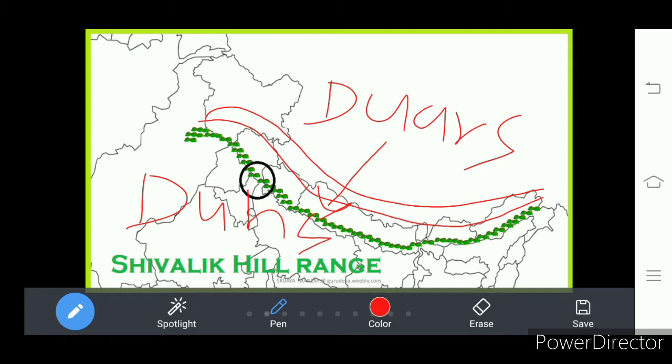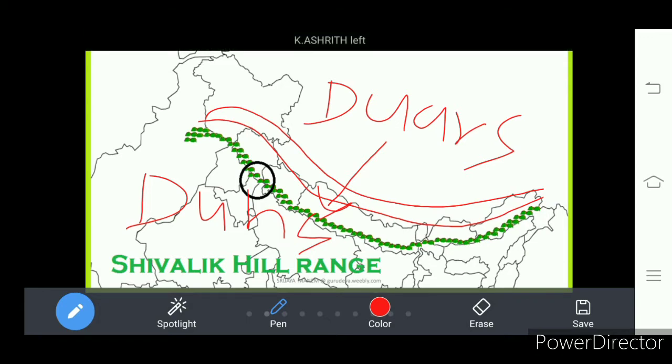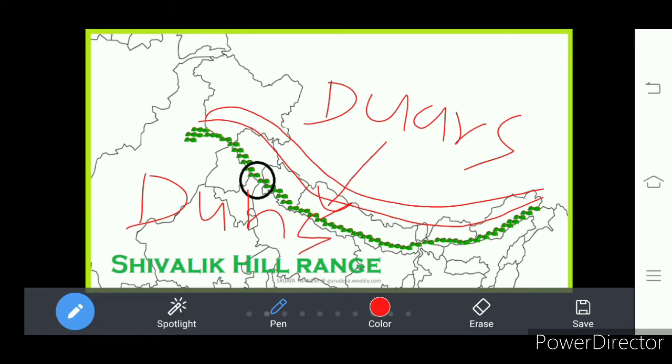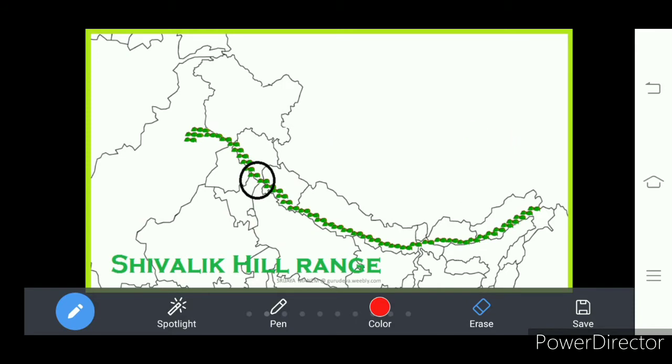One famous dun is Dehradun, located in Uttaranchal. It is 75 kilometers long and 15 to 20 kilometers wide. So duns and duars are formed in the Shivaliks.